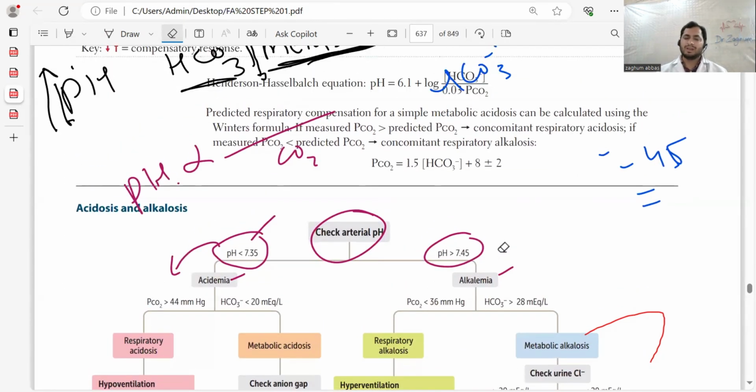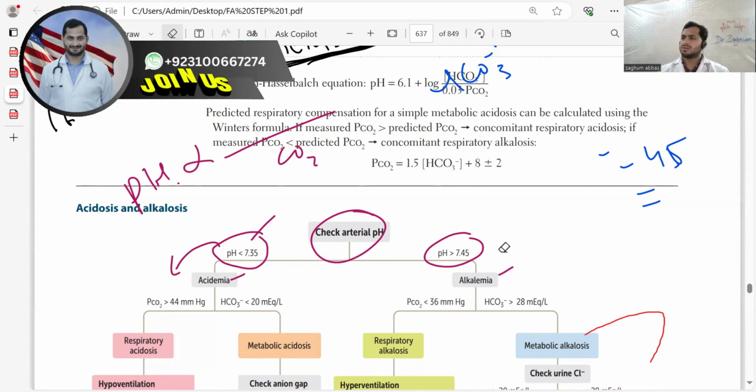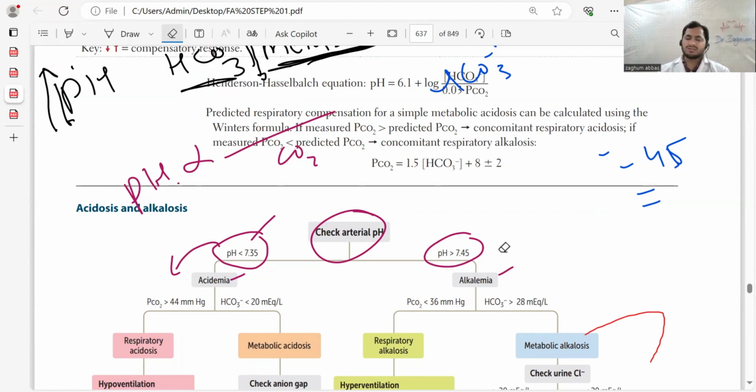Just simplify the topic. Whenever I encounter a student or colleague preparing for USMLE Step 1 or 2, I always convey to them: just simplify the thing. Most of the time when students come to this topic, they get stuck on compensation. Just simplify the topic.